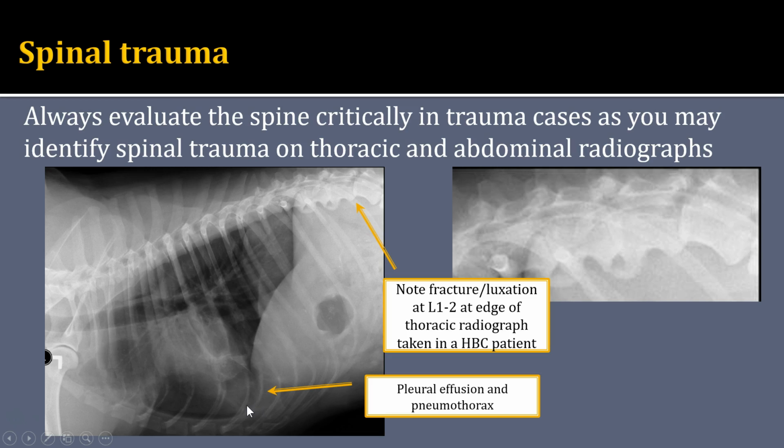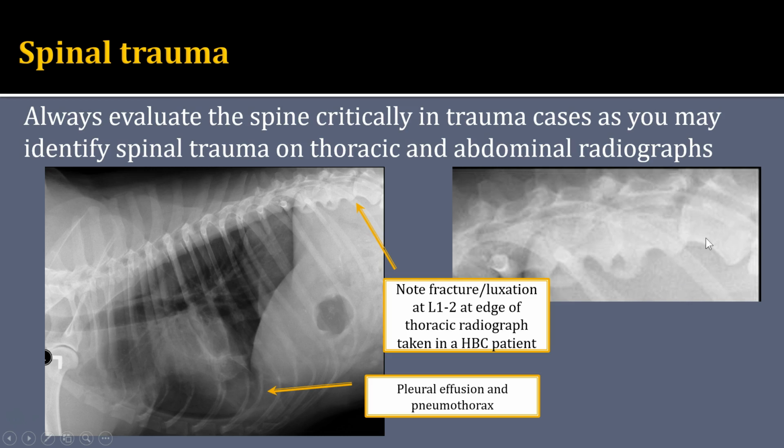But when we look really critically, because we're systematic and we evaluate all parts of the patient, as we scan through our thoracic spine and move caudally using our systematic approach, we can see that there is actually a problem here at the L1-2 intervertebral disc space. This image on the right is just a zoomed image of the regular thoracic radiograph.